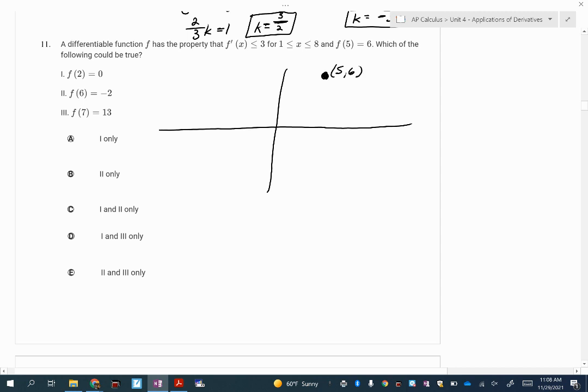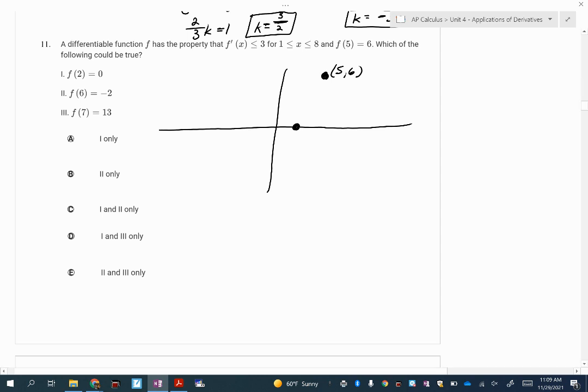All right. They're telling us, okay, could f of 2 be 0? Well, if this is going to be a possibility that could work, then when I look at the derivative at x equals 2, it should be less than or equal to 3.